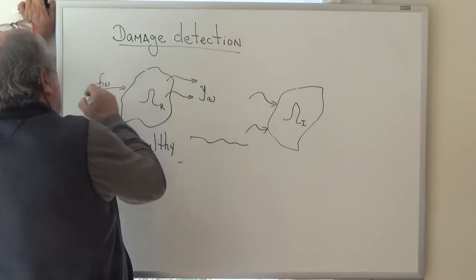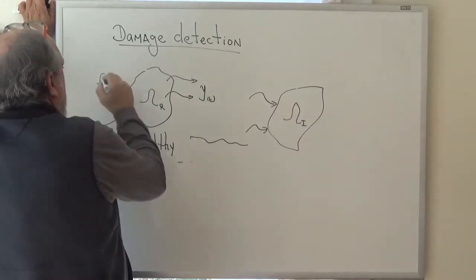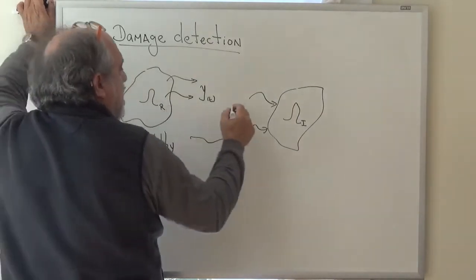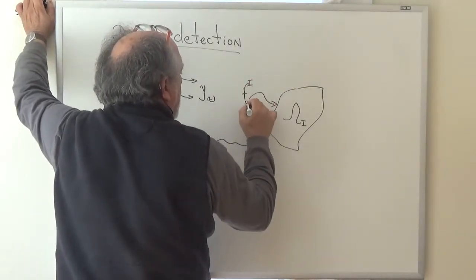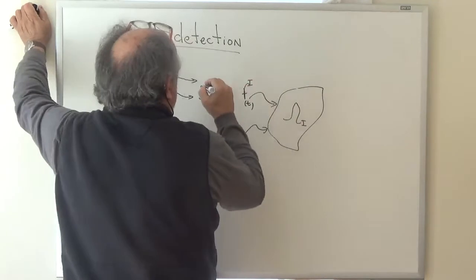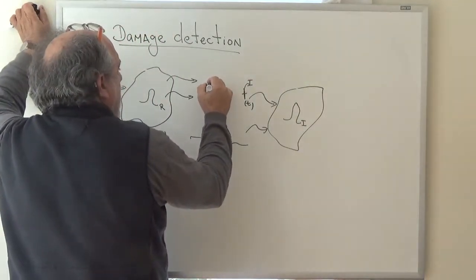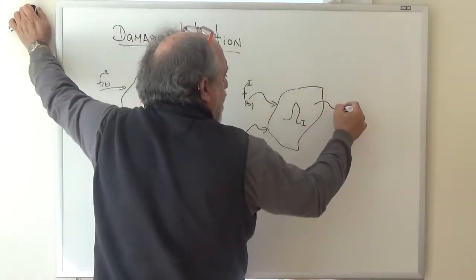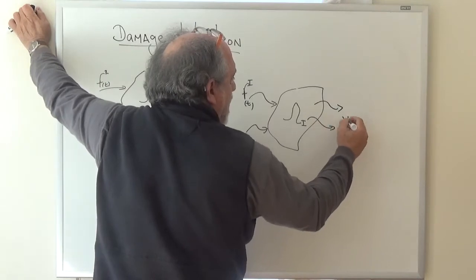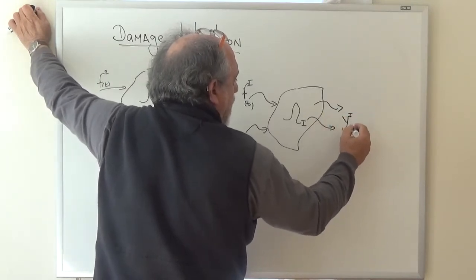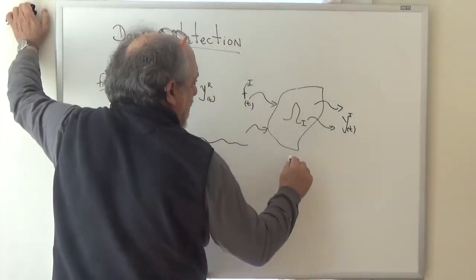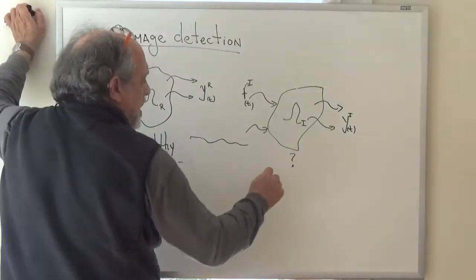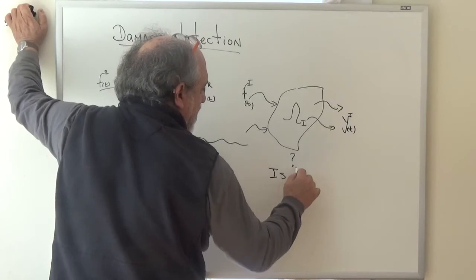Let's say these are called F at reference, and these are called F at inquiry. These are functions of time. And if this is Y at reference time, we also have some Y's at inquiry time. And we have a question here, which is: is there damage?